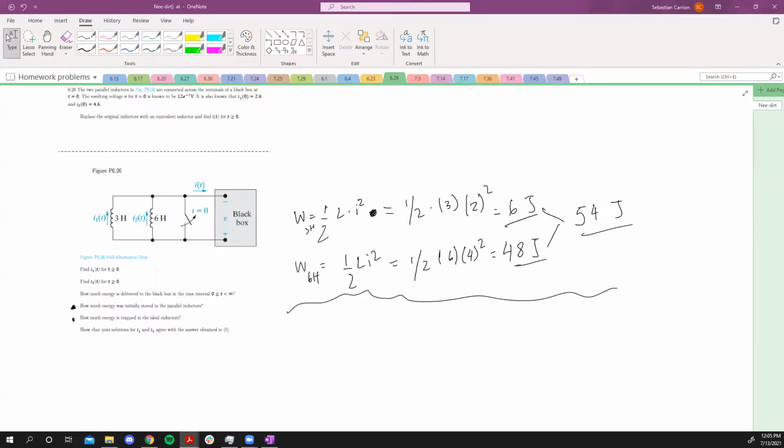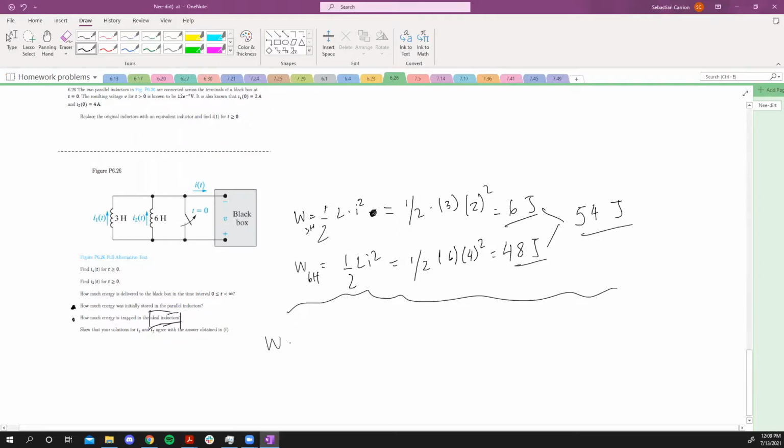So how much energy is trapped in the ideal inductor? I'm assuming by ideal inductor, he means the equivalent.